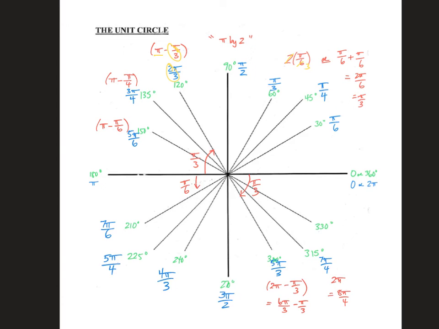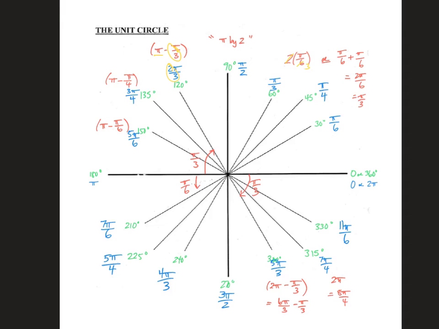And if we were then to move to 330, that would now be a full rotation, but in sixths. So I have 12 pi by 6, subtract off 1/6, and there's my 11 pi by 6. There is us working around the entire unit circle, now being able to talk about all those angles in radians.